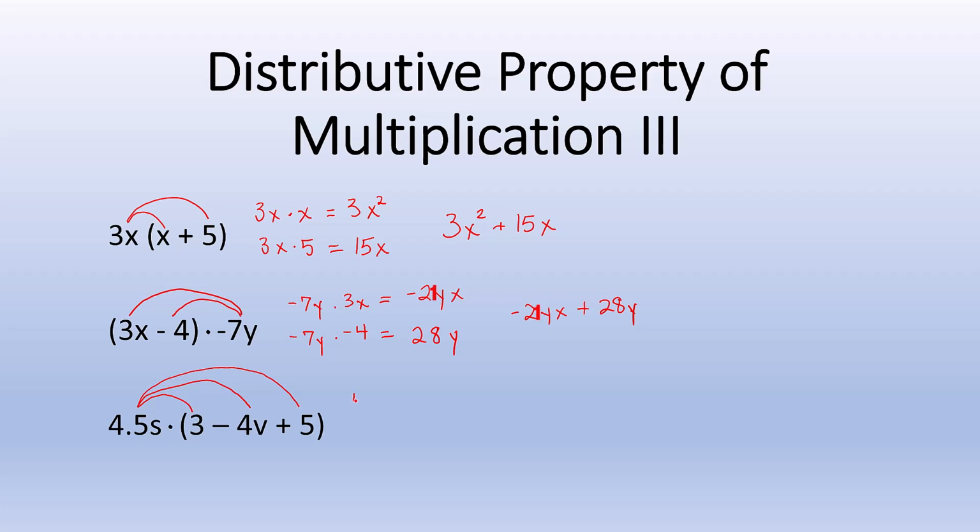So we have 4.5s times 3, and that'll give us 13.5s. 4.5s multiplied by negative 4v will equal negative 18sv.